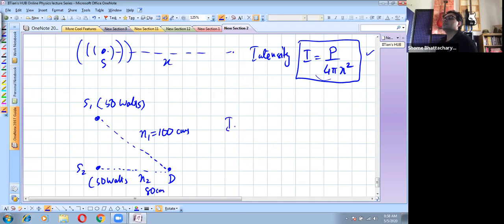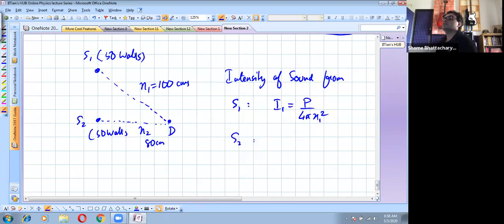So intensity of sound from S1, let's say I1, becomes that power divided by 4 pi x1 square.